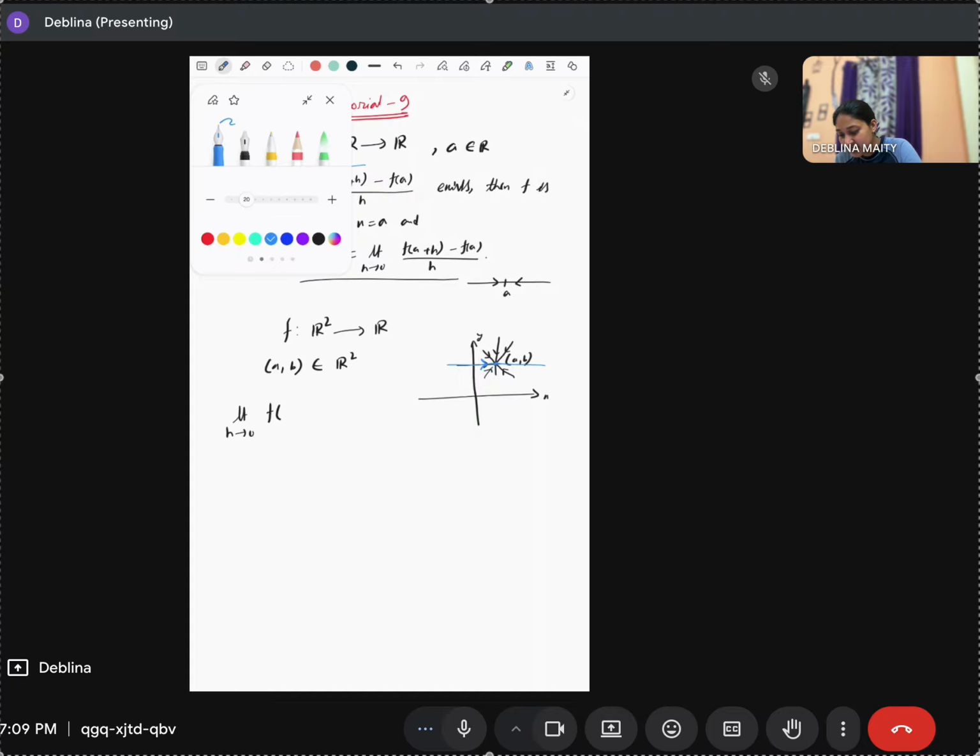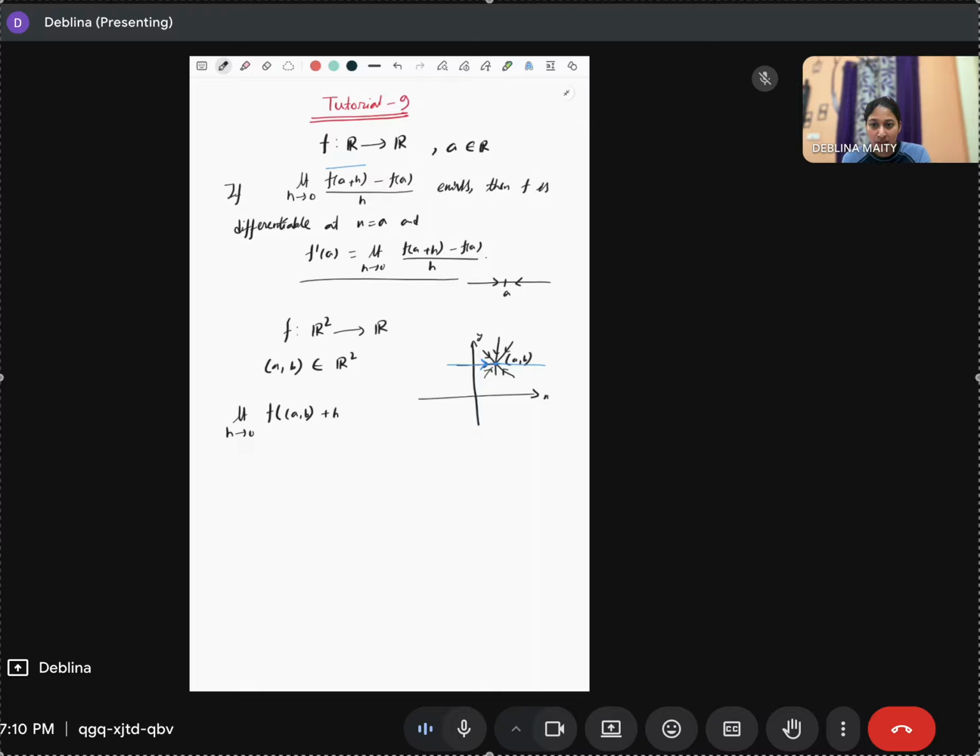Similarly here the point is (a, b), so it is this point plus h, a small number, times the unit vector.